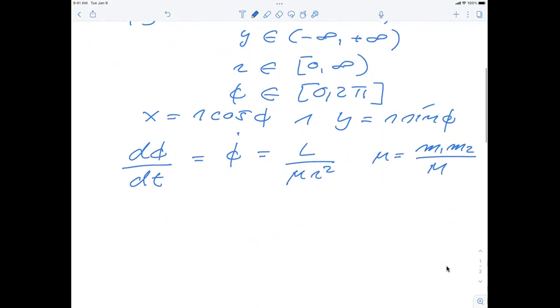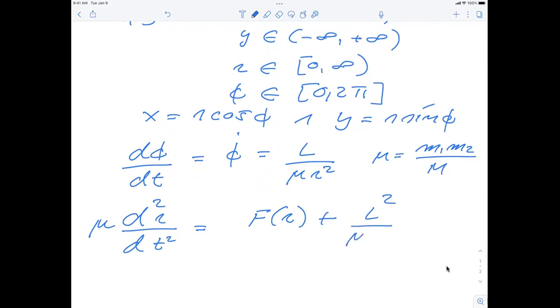And then finally, we have an equation for the radial acceleration, times mu here. So this is the radial acceleration times mu, so that's the radial force. So we have the force in the radial coordinates plus L squared divided by mu times r cubed. So this is the equation of motion, which we now want to solve.